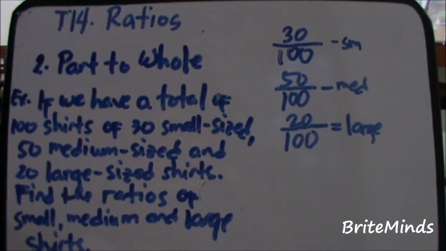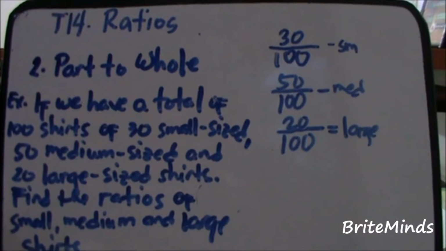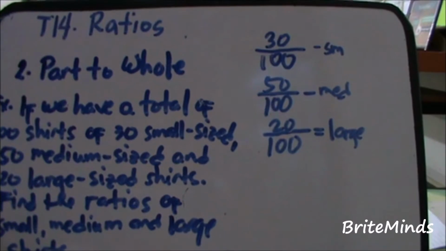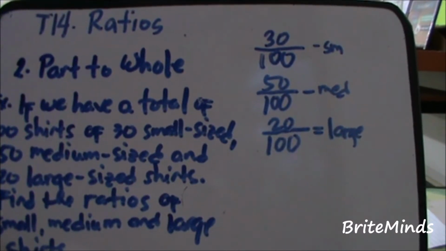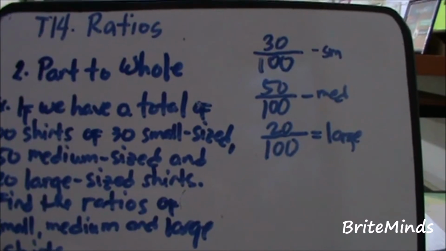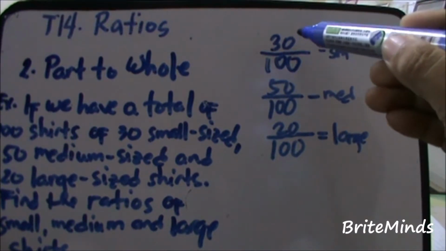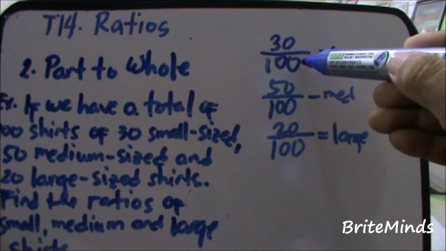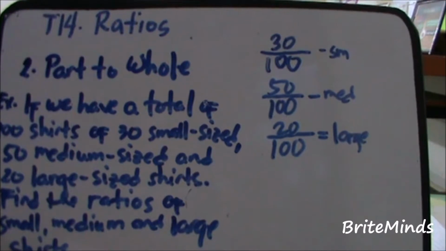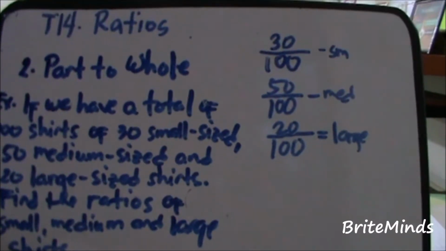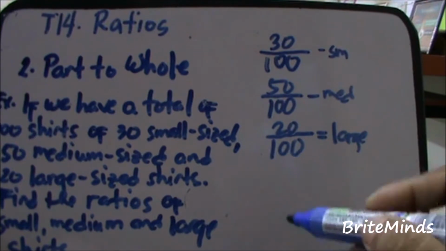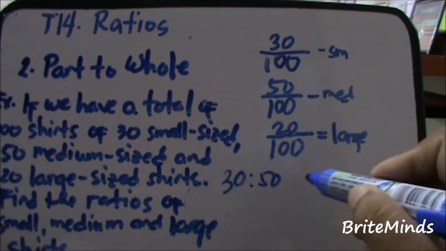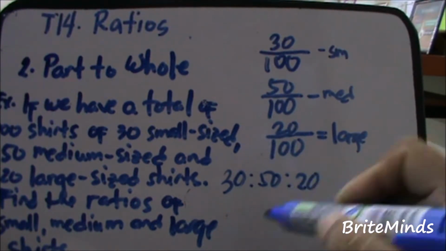So what do we have now? Here are fractions: 30 over 100, 50 over 100, 20 over 100. The numerator, the 30, represents the part, and the 100 represents the whole. Our ratio will be 30 is to 50 is to 20.